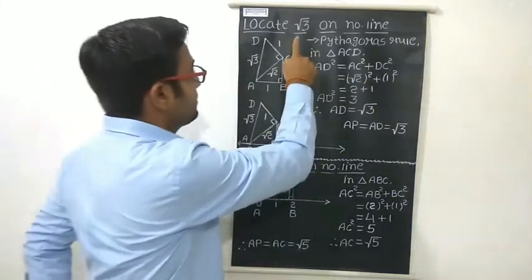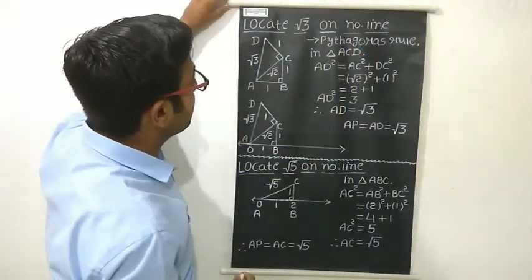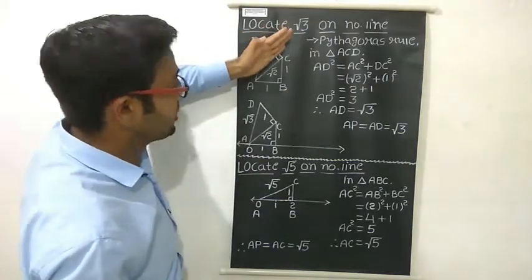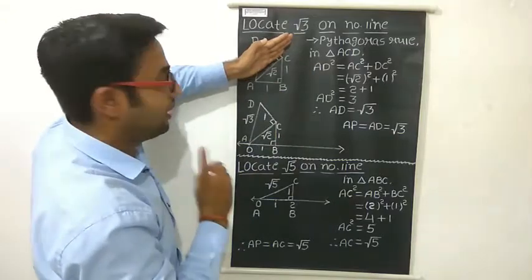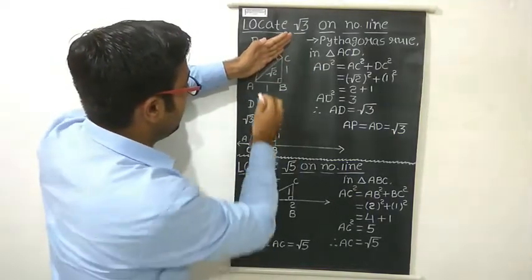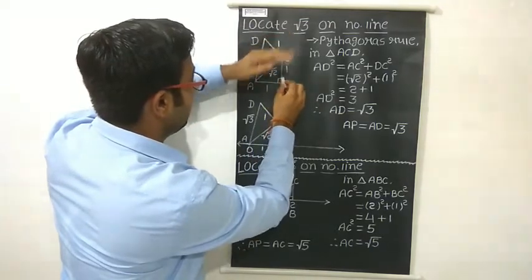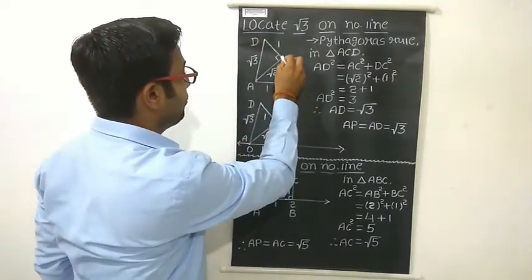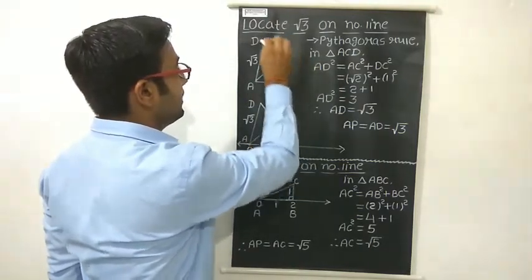To locate root 3 on the number line, again this diagram is as it is. We have studied it in the previous lecture. This triangle remains as it is. Now, as we have taken 90 degrees here, in the same way from this point you have to take a 90 degree angle and draw another line segment CD.